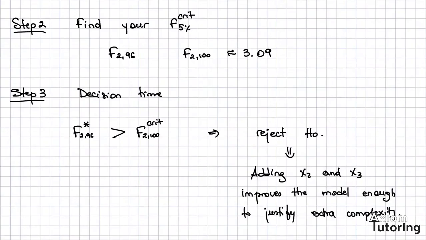Keep in mind, it does not mean that both are individually significant, and it does not mean the model is causal. So these takeaways still remain in place even when we use the F statistic to do a model comparison. This model comparison F-test tells us whether a larger model genuinely outperforms a nested, simpler one.